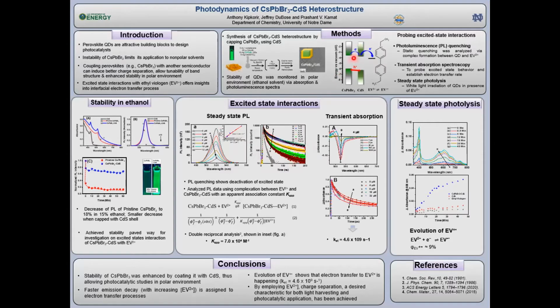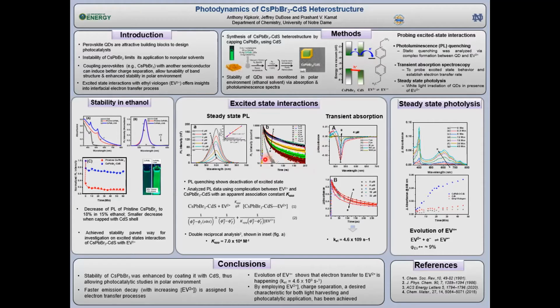And this we attribute to electron transfer, which happens on a picosecond timescale, and then the contribution becomes faster electron transfer, and thereafter relaxation to the ground state. And that is why you see faster recombination, or rather faster decay, as you increase the quencher concentration.